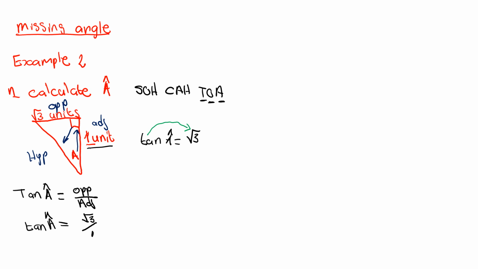You take it by pressing shift tan on your calculator, and it will give you tan inverse. Then you plug in your square root of 3. Then it will be equals to 60 degrees. Then you have found your angle as they have asked you to.